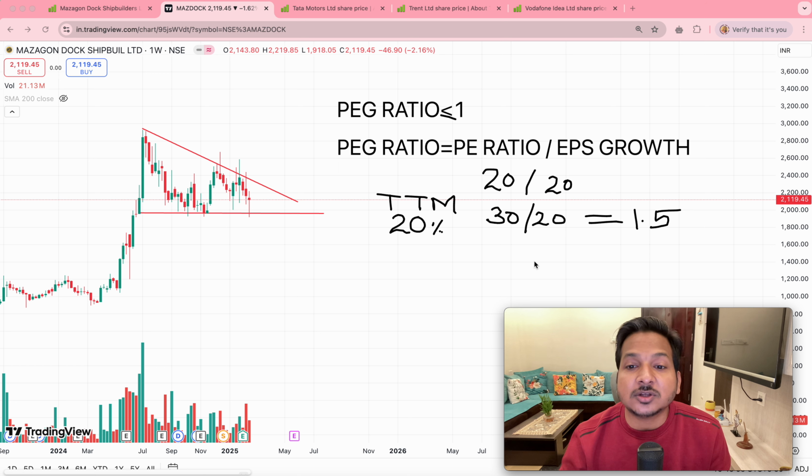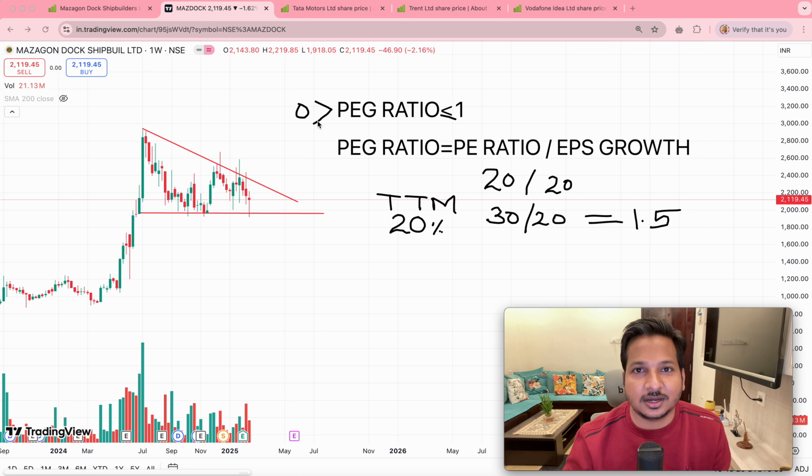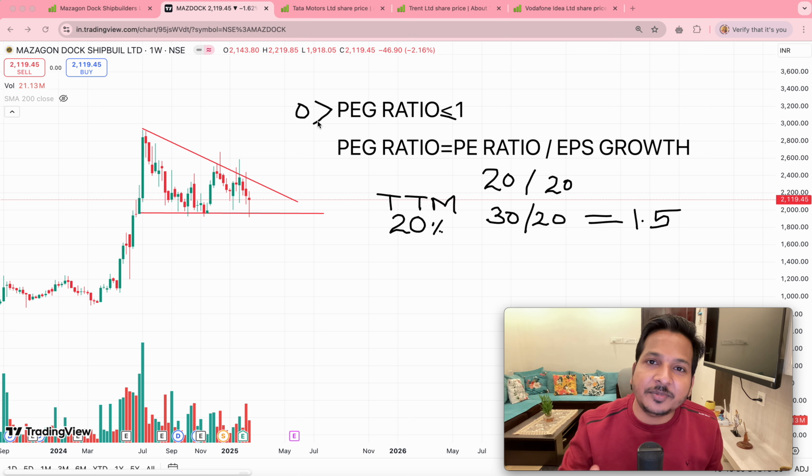But for many of your stocks you will find that the PEG ratio is 6, 12, 14, 15, or negative. Negative means your company is not generating profit. I told you it should be less than 1, but it should be above 0, not below 0, because below 0 it shows that profit growth is not there. Profit growth is negative, so the PEG ratio will be negative.